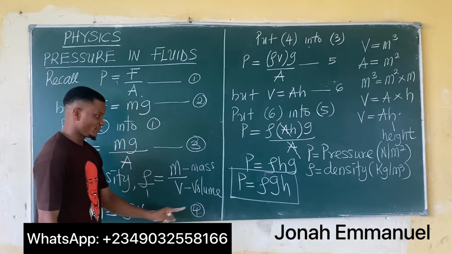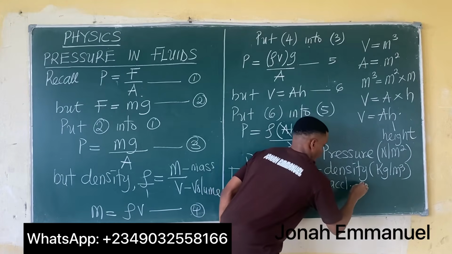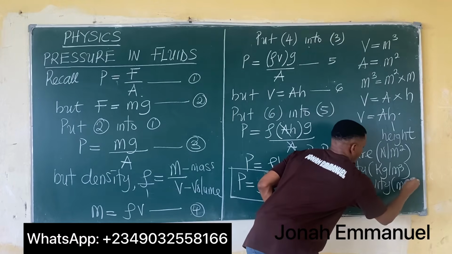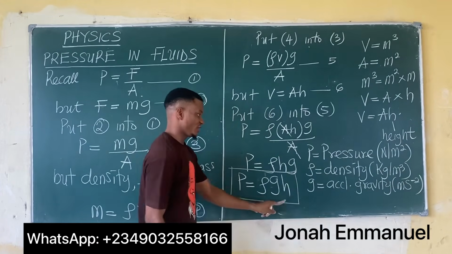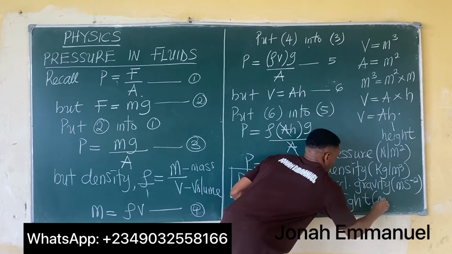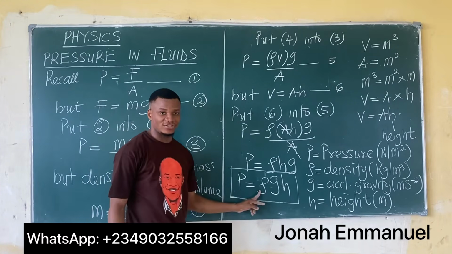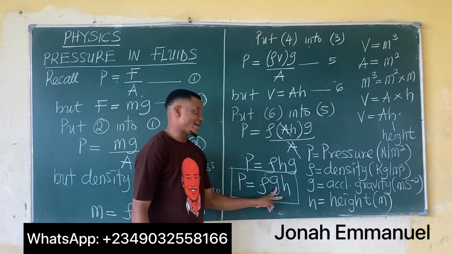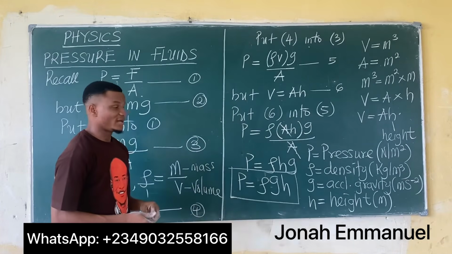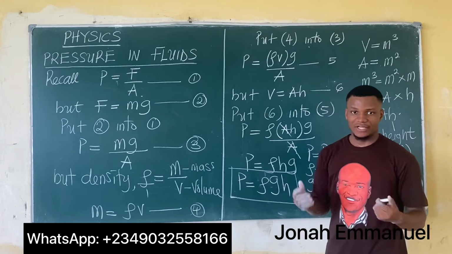G is acceleration due to gravity, in meter per second squared, and finally H is equal to height. Height is in meters. Alright, so that means to calculate pressure for fluid, multiply the density of the fluid by acceleration due to gravity by the height of the fluid. So this is my formula derivation for pressure in a fluid, whether in liquid or in gas.